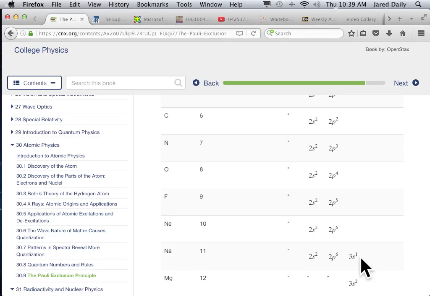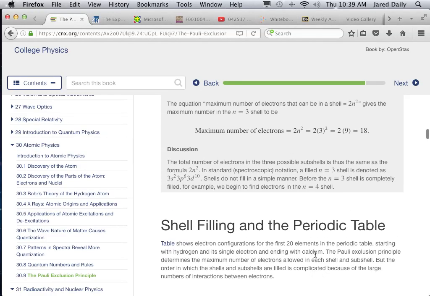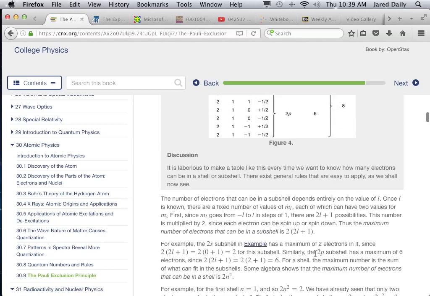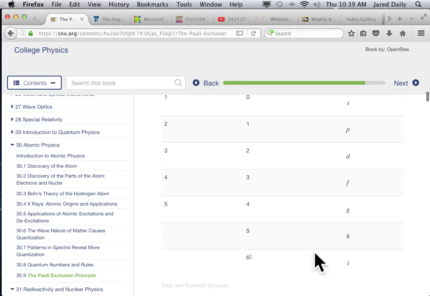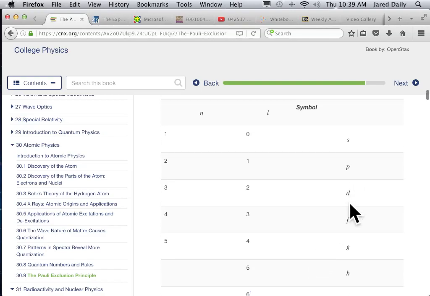So you have your S's, you have your P's, you have your D's, and then you have one more. This row down here is one more, which is what's the last one we use? Is it H? Can't remember. No, it's F. SPDF is the next one.